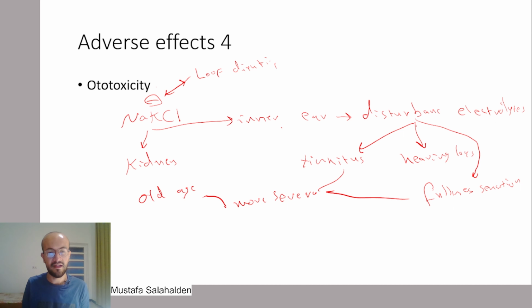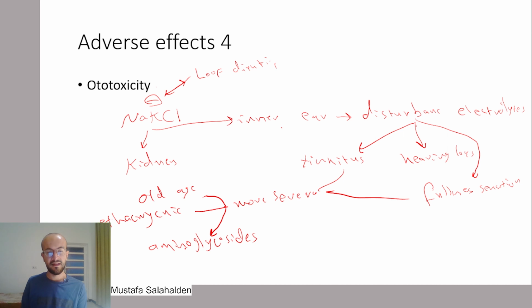And also if the drug used is ethacrynic acid, because ethacrynic acid would have more ototoxicity, and they also would be more severe if the patient is also administered aminoglycoside antibiotics, because those drugs are also ototoxic.